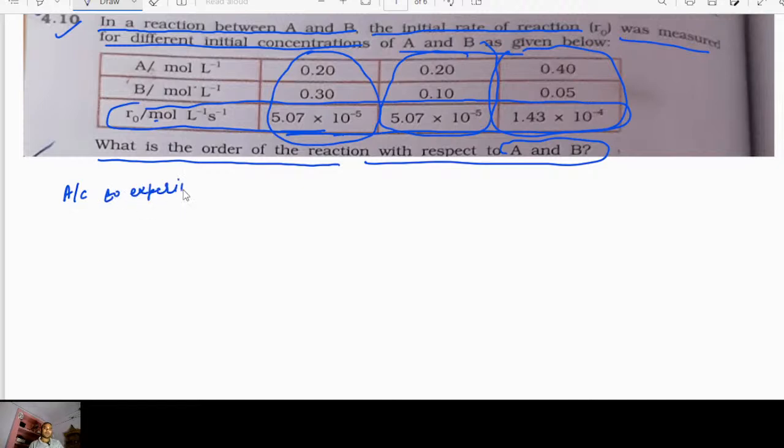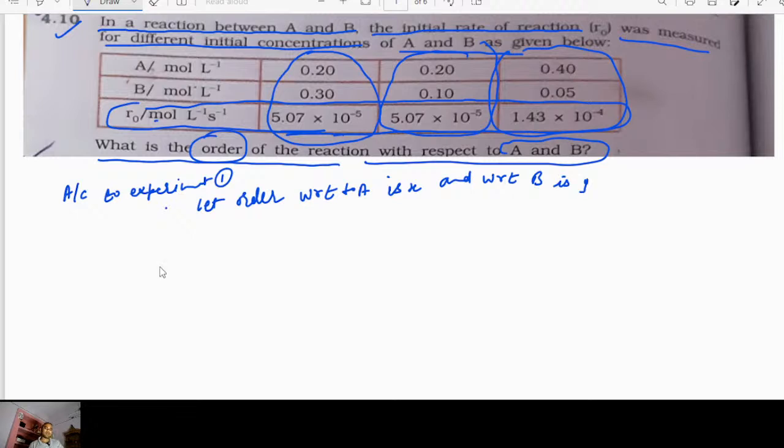They are saying we have to find the order. Let the order with respect to A be x, and with respect to B be y.